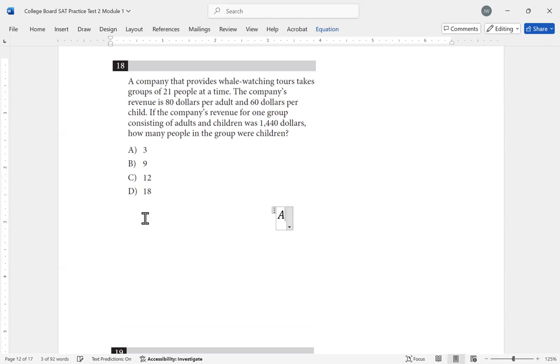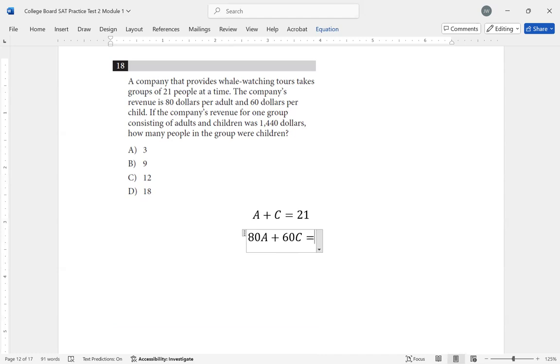So if the number of adults plus the number of children was equal to 21, and the price of each adult is $80, and the price of each child is $60, then we can write A plus C equals 21, and the cost will be 80A plus 60C. Now, in this case, it said that the total revenue was $1,440. So 80A plus 60C would be equal to 1,440.